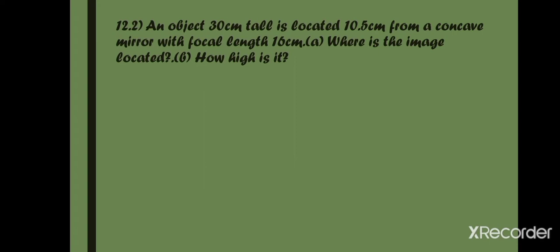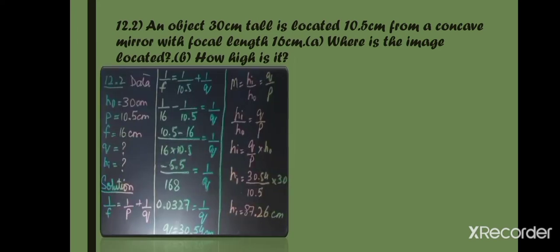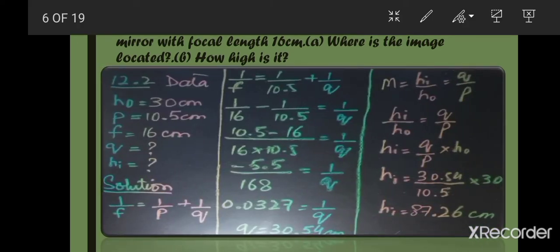As you know that the focal length of concave mirror is always positive, so you don't have to write negative sign with it. Where is the image located? You have to find out Q. How high is it? You have to find out height of image, HI. First of all, you have to write the data. Height of object is given 30 centimeters.